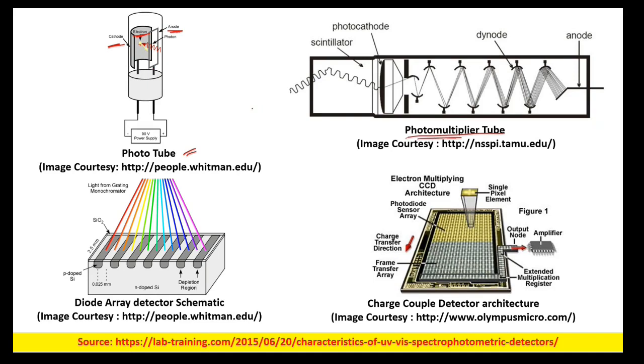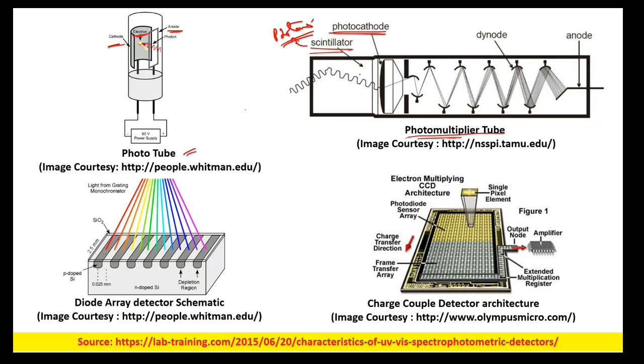Here you have the light beam entering the photomultiplier tube, and it strikes a scintillator. The scintillator generates some photons, and these photons are accelerated towards the photocathode.